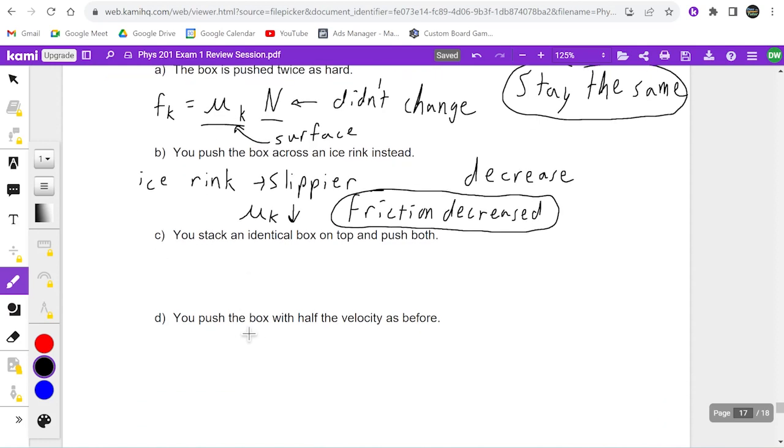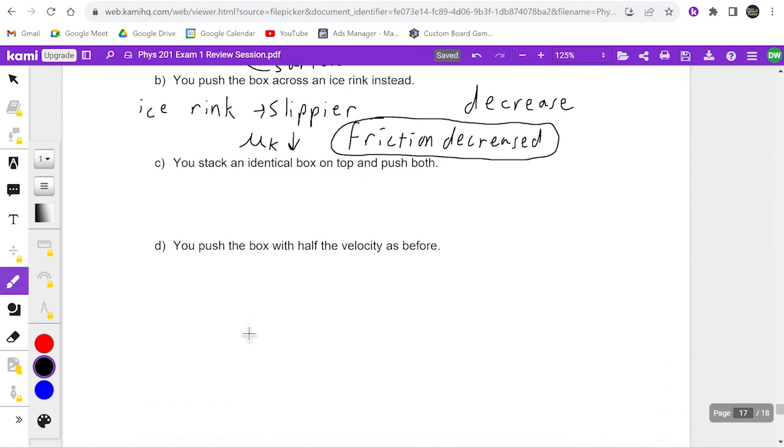Okay, part C. You stack an identical box on top and push both. Again, think to yourself. And the answer is it will increase. And the reason why is because, going back to the equation, mu k times the normal force.